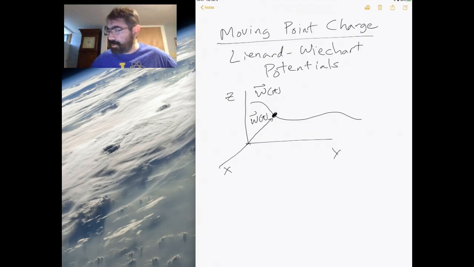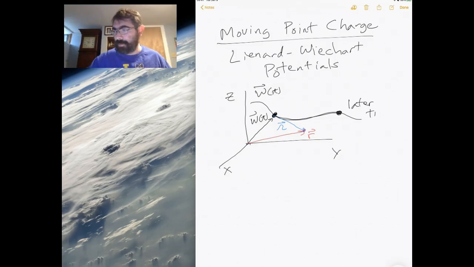And what I want to do is measure the potentials at some point R. And so what I can say is that the difference between where the charge is and where I'm going to measure the potential is script R. Okay, so later on, the charge is going to move down here to some position here.